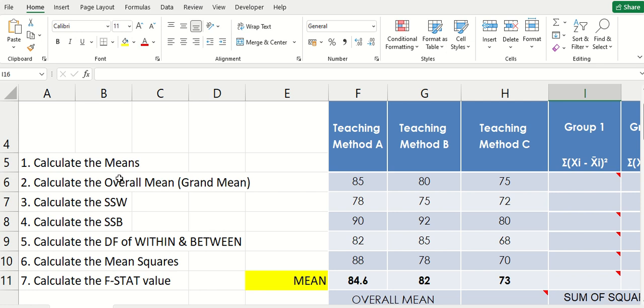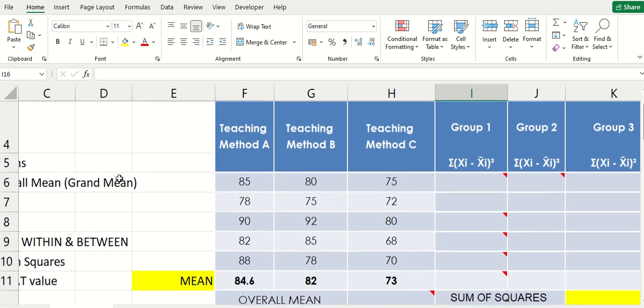First, I have these raw scores here, the teaching methods A, B, and C. As you can see, there are three levels I have, under one independent variable, the teaching method. And these are the scores that they have obtained, and there's already a mean.